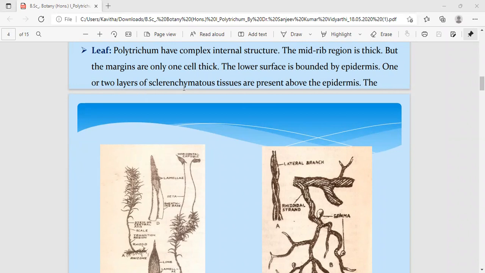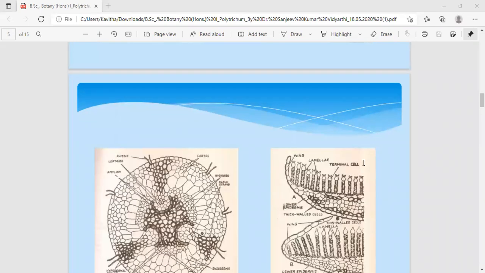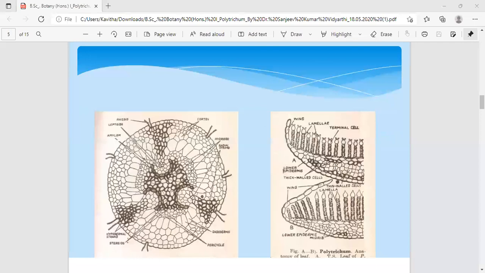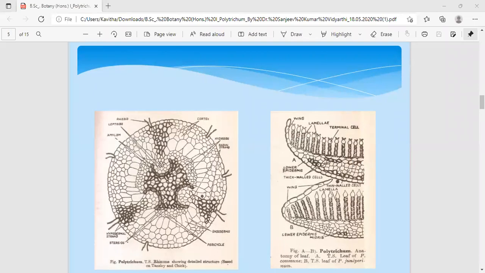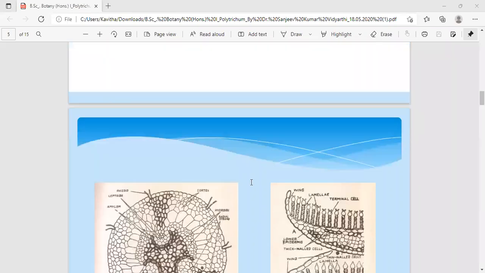So this is the epidermis. Above the epidermis, this is the sclerenchymatous tissue. Due to the presence of this sclerenchymatous tissue, the midrib region is thicker.